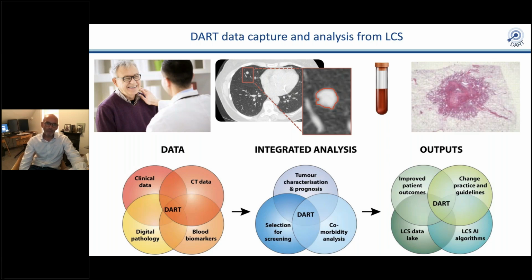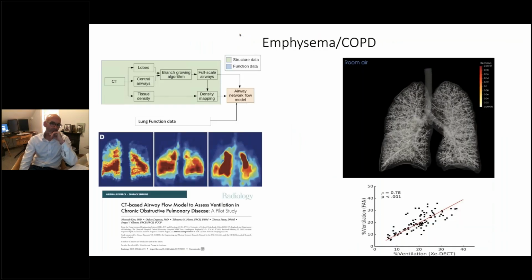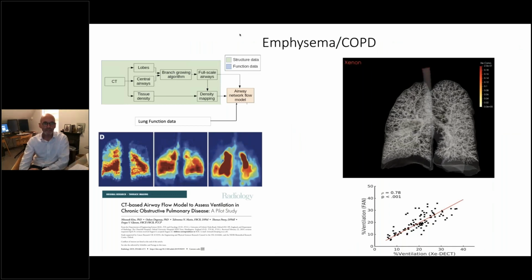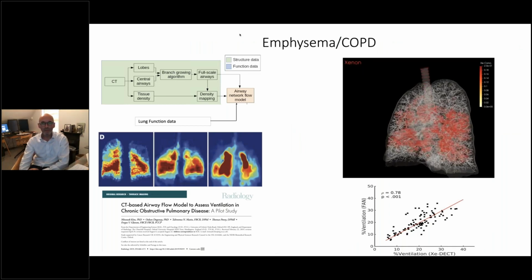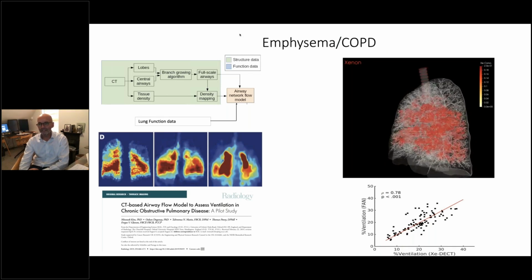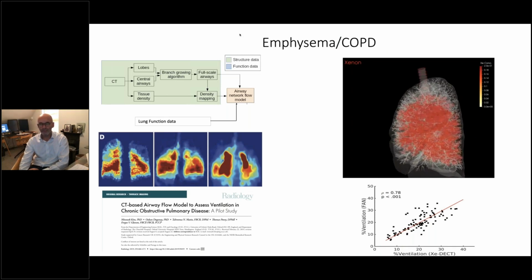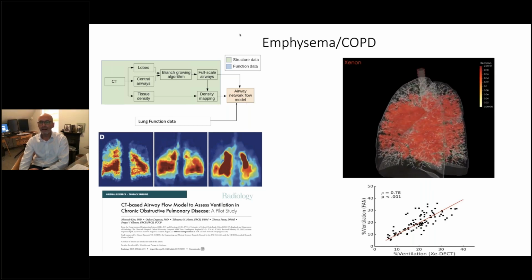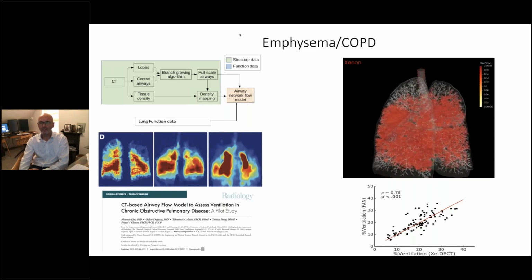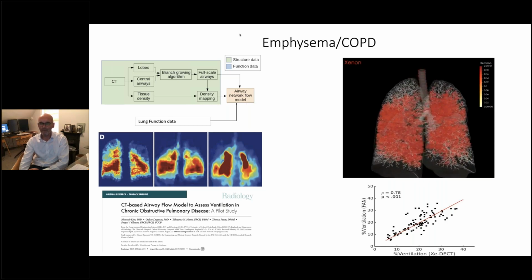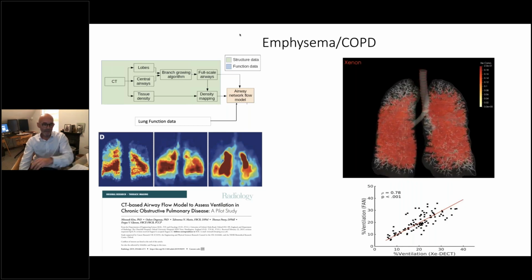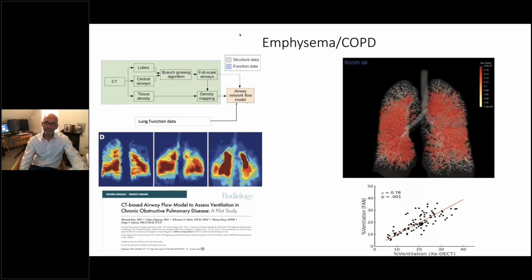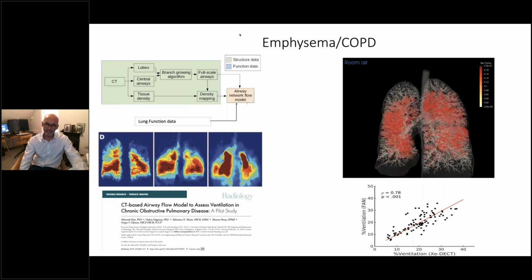So I think that's something that we won't be able to do ourselves, and I think it will make a big difference in the future. And I'll end with something that I think is quite extraordinary. I would say that, wouldn't I, because I'm involved in it with some brilliant scientists. But what they have done is that you can take static CT data, a single breath hold at 1 litre, and into it you can put tissue compliance and the lung function data, and you can create, using artificial intelligence, ventilation maps, which means that actually you don't need to do VQ scanning because that can be generated from a static CT image.